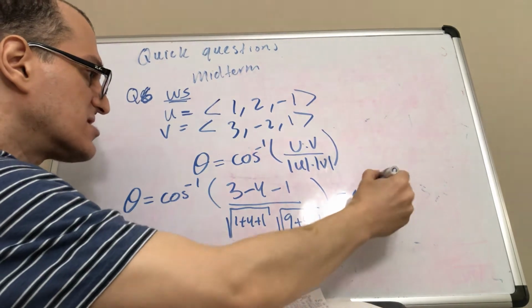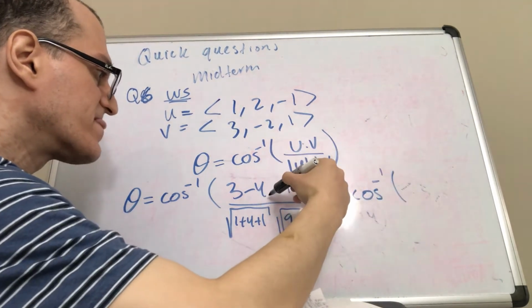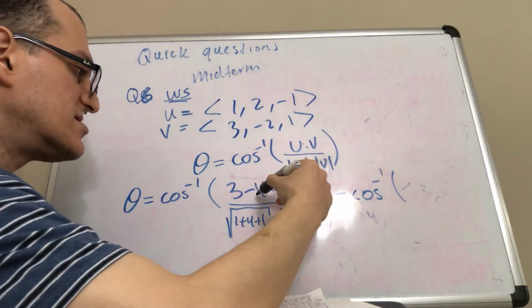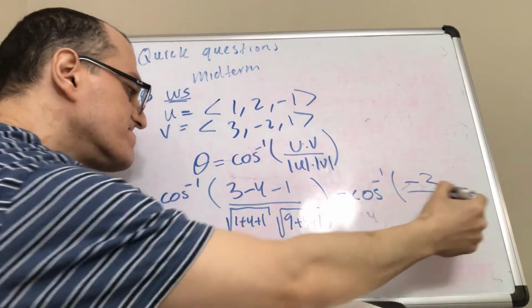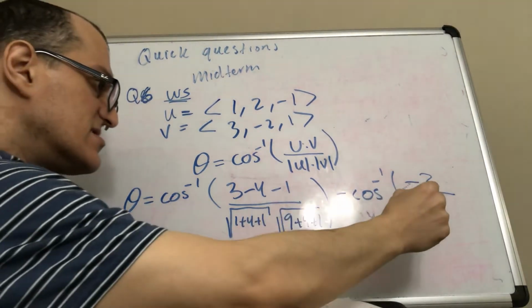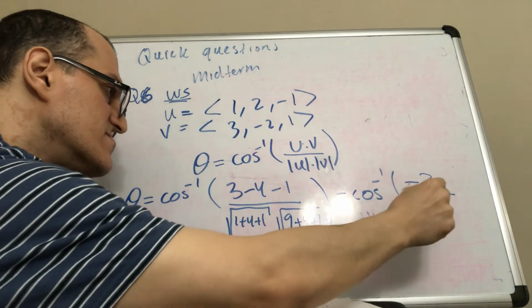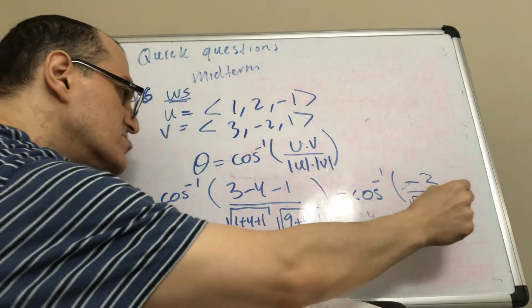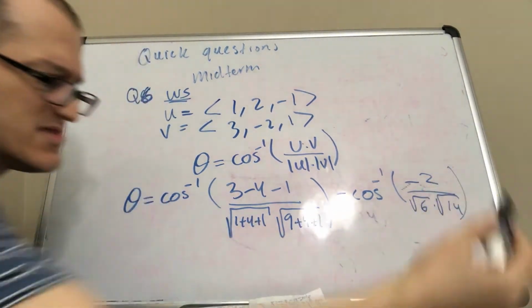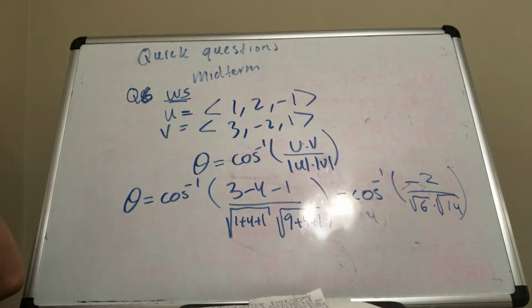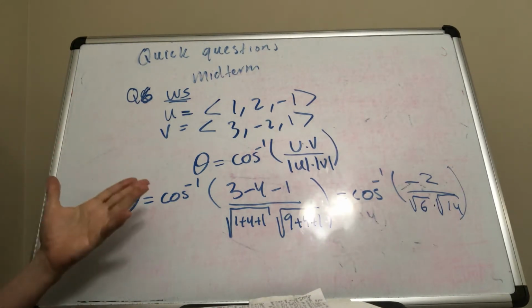So it's the cosine inverse of negative 2 over root 6 times root 14. You can just leave it as it is. So in the exam, he's not going to ask you to find it.